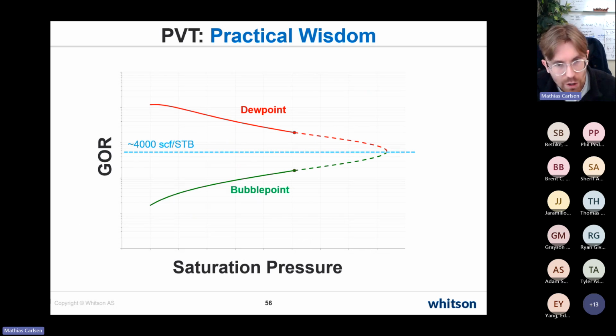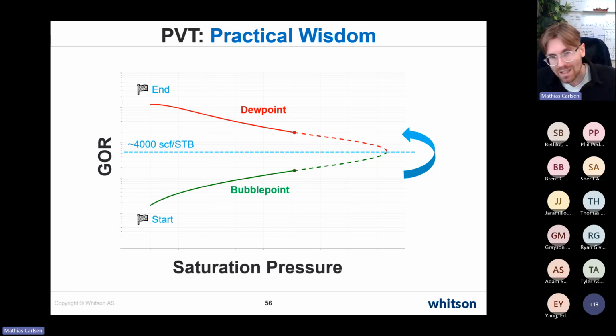So when we go through these different examples, we're going to start here with a very low GOR oil, move up over the critical point, and end over here. What you're looking at right now is a phase envelope, but it's not the typical phase envelope you're used to.